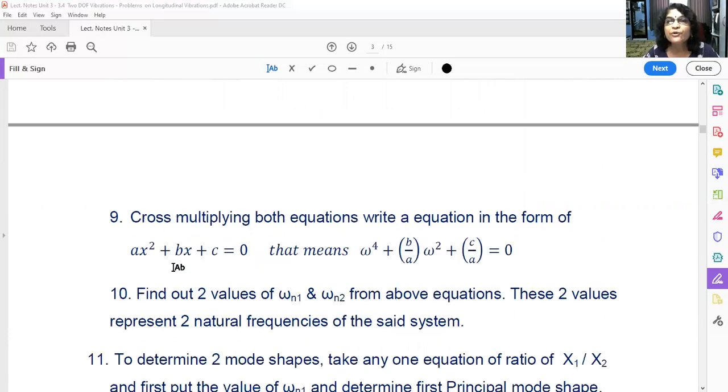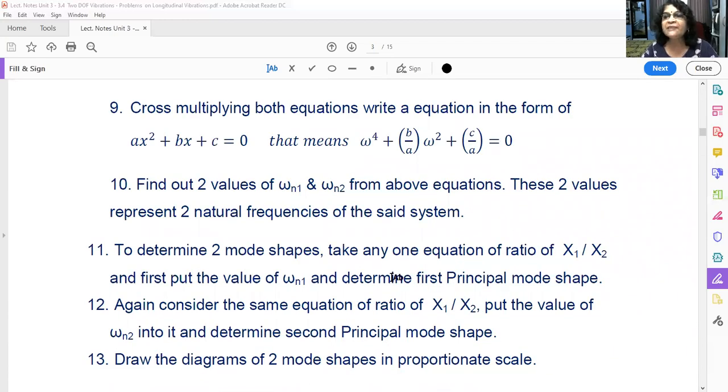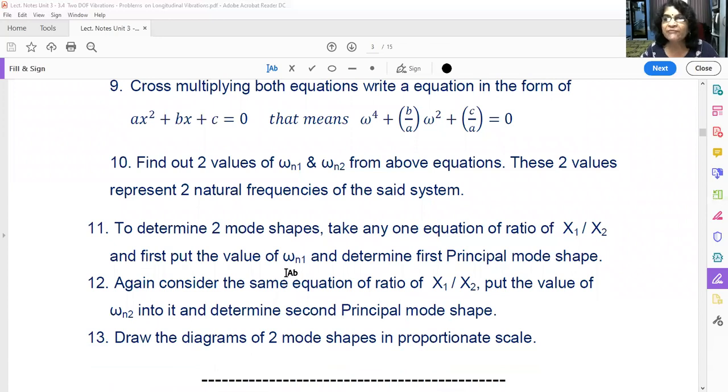After that, we have to cross multiply those equations, and you will get the equation in the form: a x square plus b x plus c is equal to 0. That means the roots of this equation are nothing but the values of the 2 natural frequencies. Then to determine the 2 mode shapes, take any one equation of X1 upon X2, put the value of omega n1 first, and you will get the first principal mode shape.